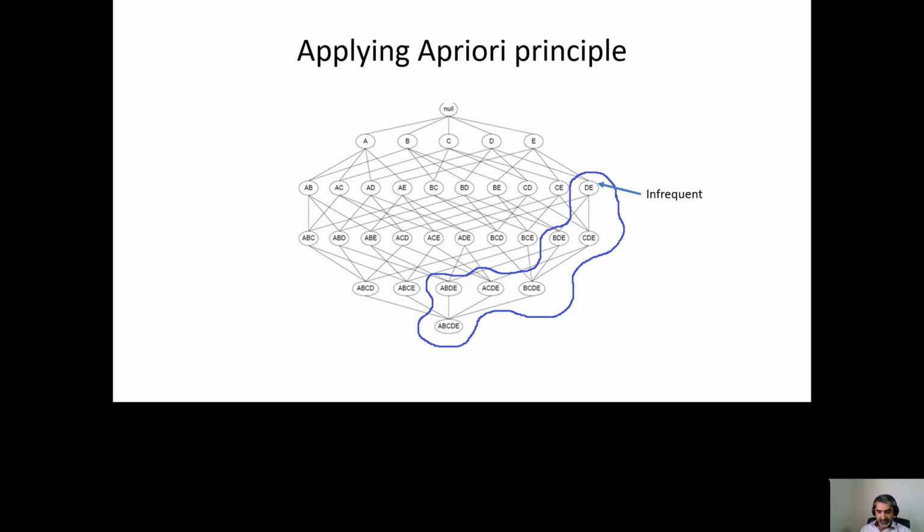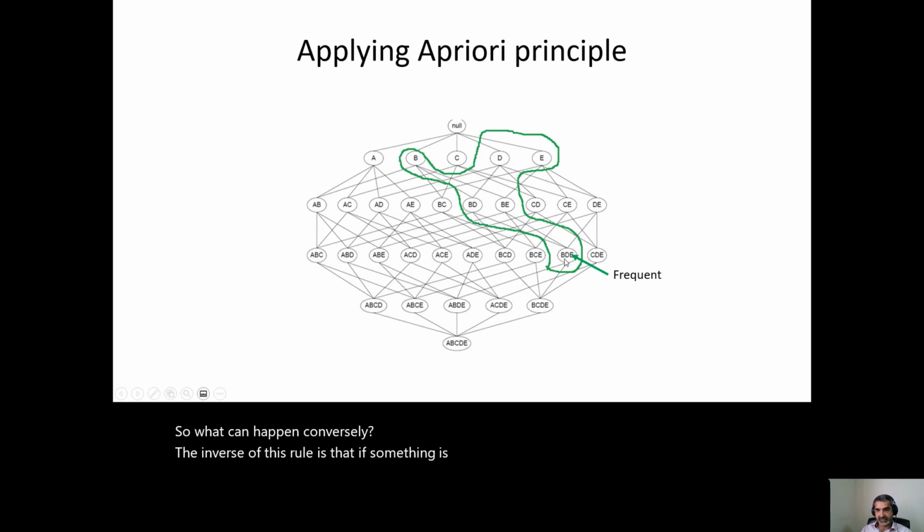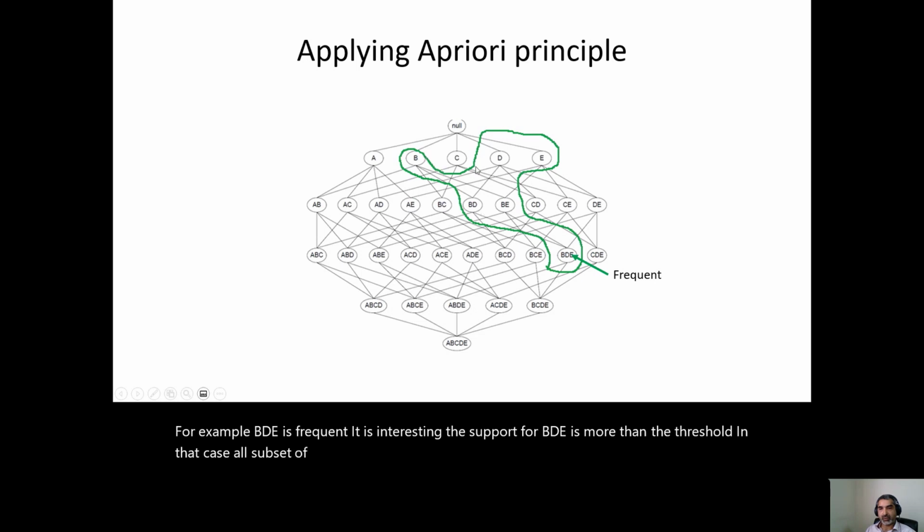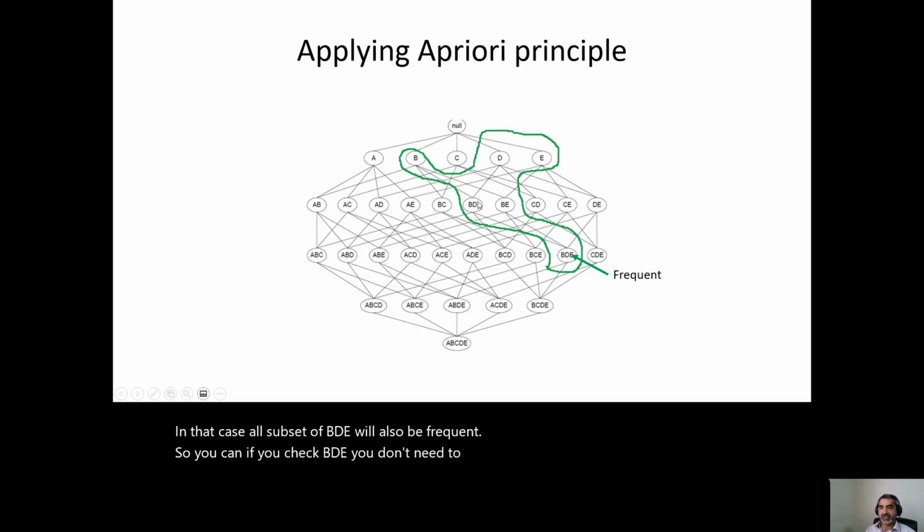So what can happen conversely? The inverse of this rule is that if something is frequent, for example, BDE is frequent, it is interesting, the support for BDE is more than the threshold, in that case, all subsets of BDE will also be frequent. So if you check BDE, you don't need to check BE, BD, D, E, B individually.